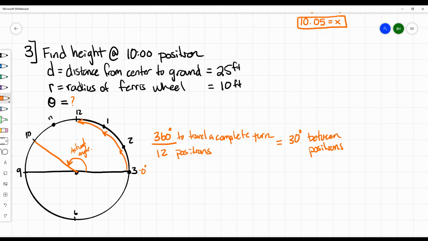We already said that 12 o'clock is 90. And then we added two more, which means this 10 o'clock position means that our theta value is going to equal 150 degrees. This is for our actual angle.